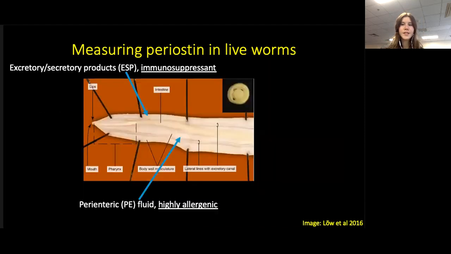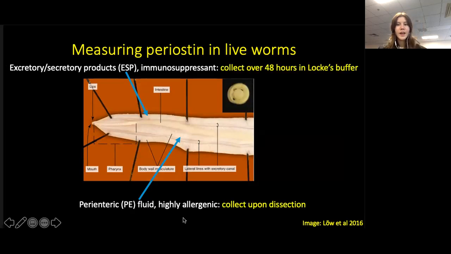There were 2 fluids that I collected from the Ascaris. First, I collected Excretory and Secretory Products, which act as an immunosuppressant on the host. And second, I collected Perienteric fluid, which is highly allergenic. I collected the Excretory and Secretory products by collecting samples of the buffer where the worms were kept. And I also collected Perienteric fluid upon dissection of the Ascaris.